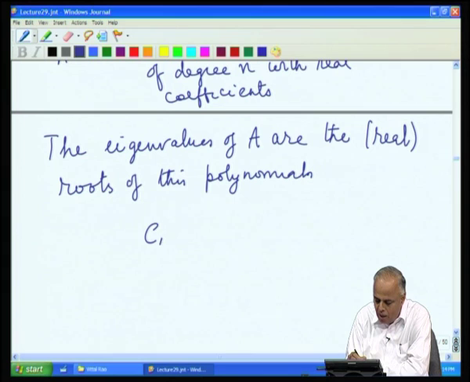So, we are trying to solve this equation and find its solutions.